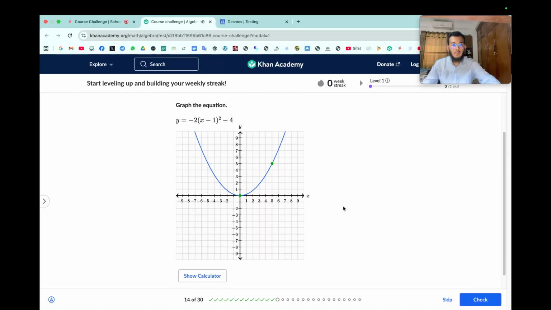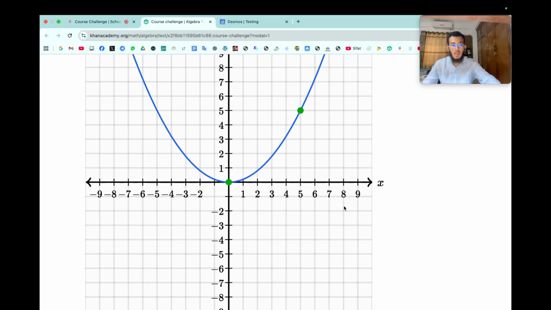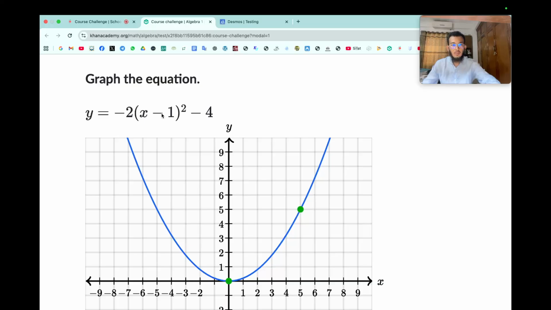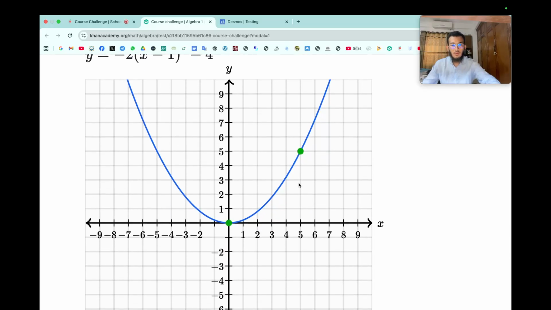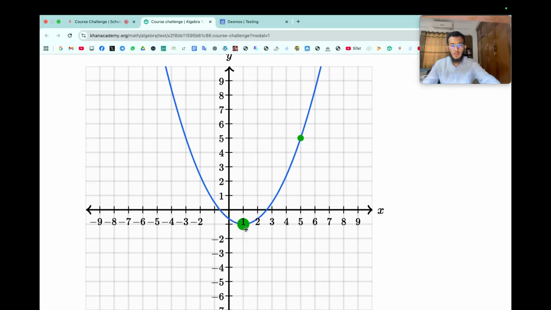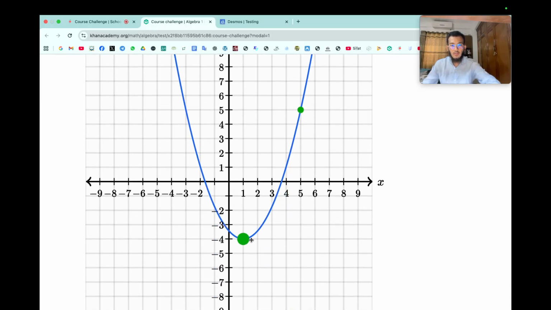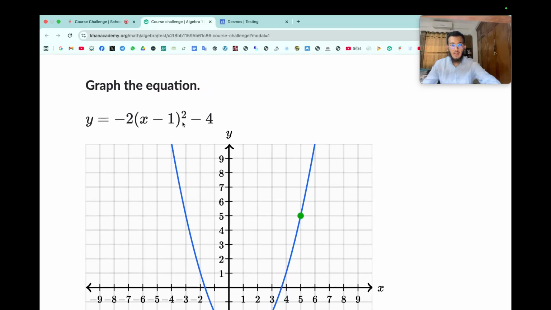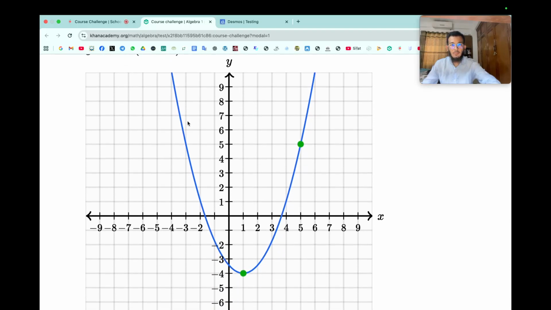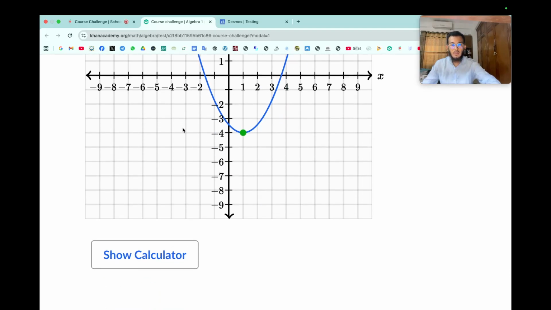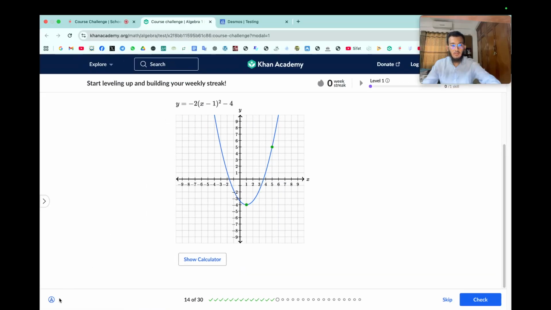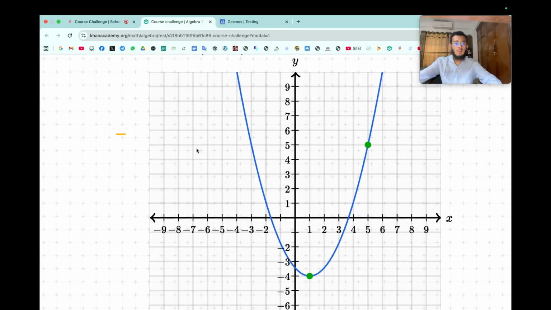And we have to graph this equation. In order to do so, we have the vertex at x equals 1 and y equals negative 4. Put this bracket equal to 0 and we get the x value, and the y value is given directly here, negative 4. We need another value for the graph, so we will take the y-intercept where x equals 0.